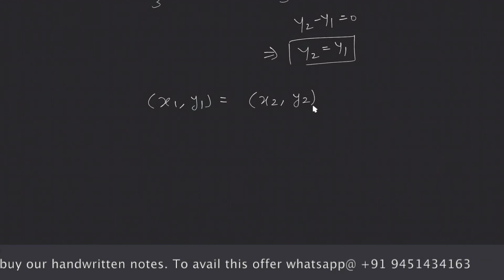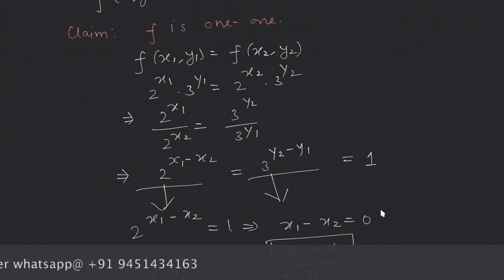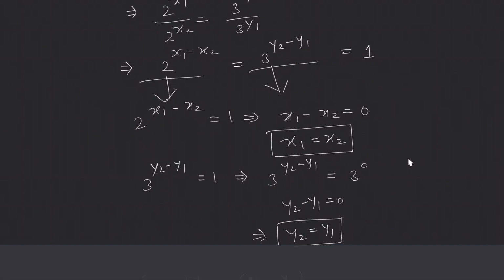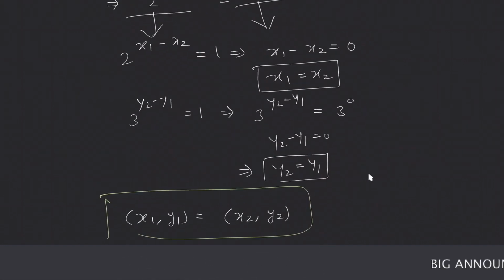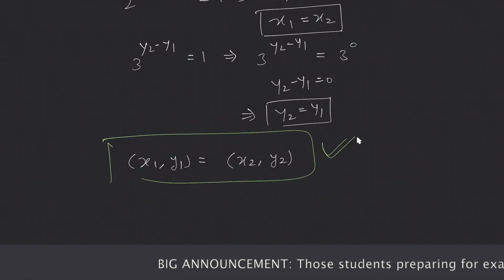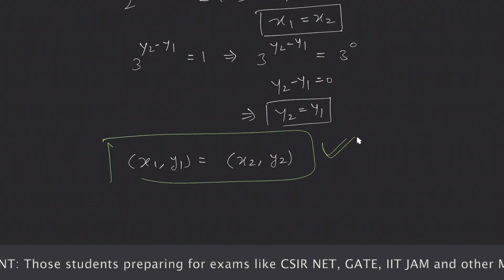Now from this relation, when we had taken the images to be the same, we see that the input value is also the same. And we know that when images are the same and input values are also the same, then the function is 1-1.